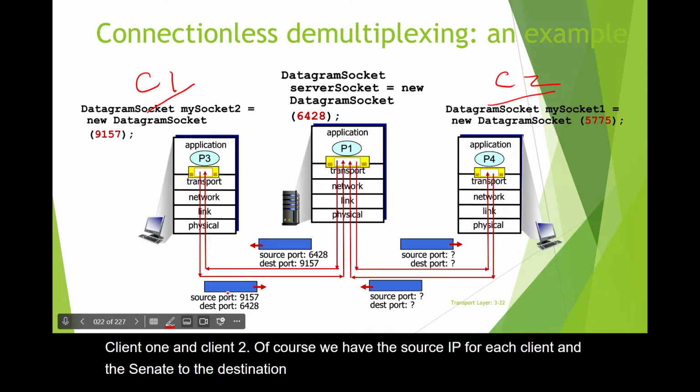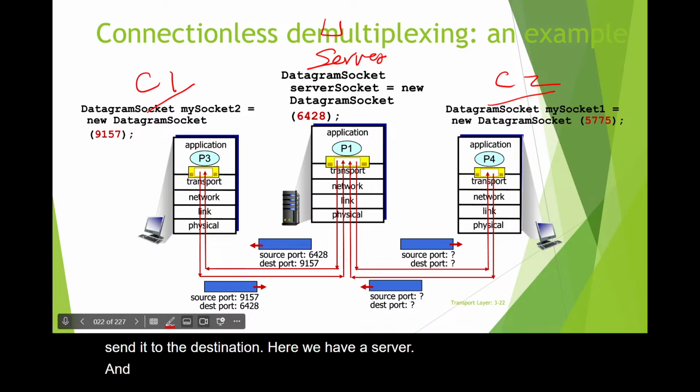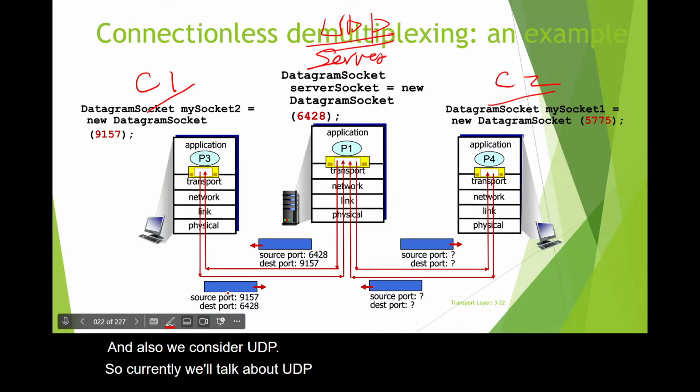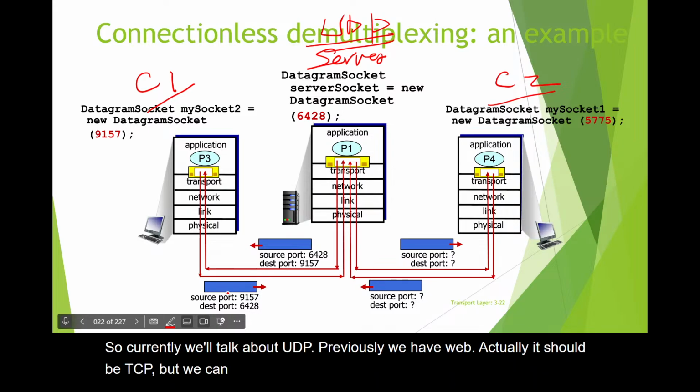Here we have a server. And also, we consider UDP. So currently, we talk about UDP. Previously, actually, it should be TCP, but we consider UDP here because we consider connectionless demultiplexing.